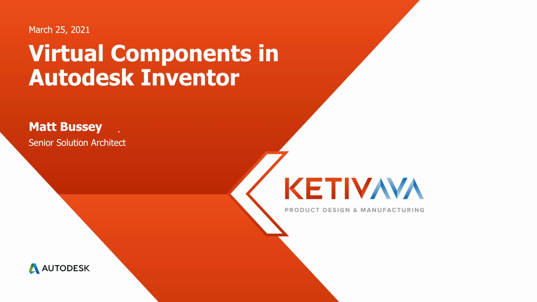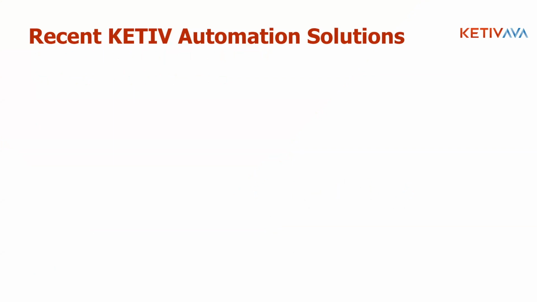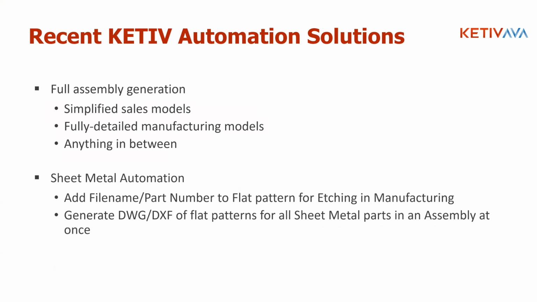Just a little more about myself. Some of the stuff that I've been working on here at KETIV, I tend to work on automation solutions. So things like full assembly generation, like simplified sales models and drawings, full detailed manufacturing models, and anything in between. So helping customers actually automate creation of their designs and their drawings. Another thing also near and dear to my heart in Inventor is sheet metal automation.